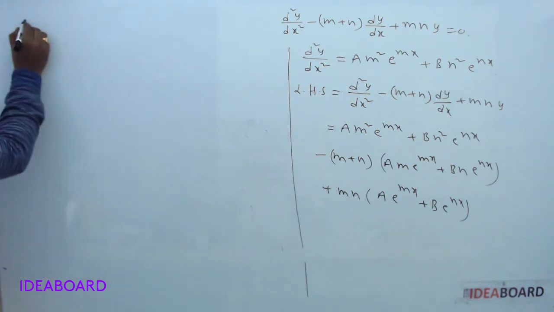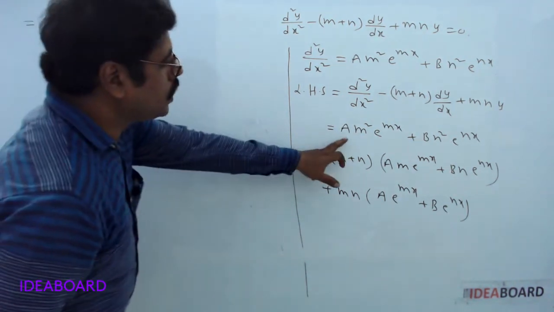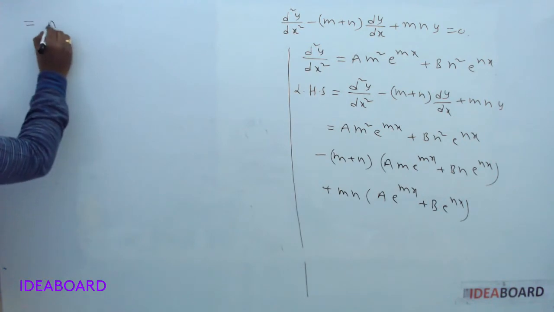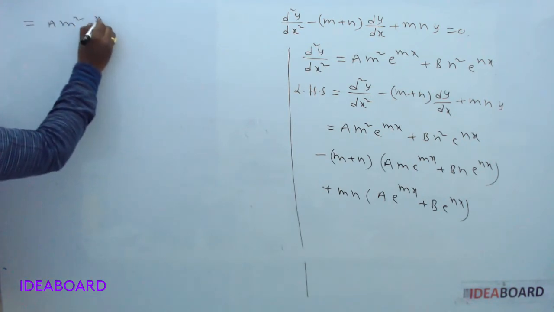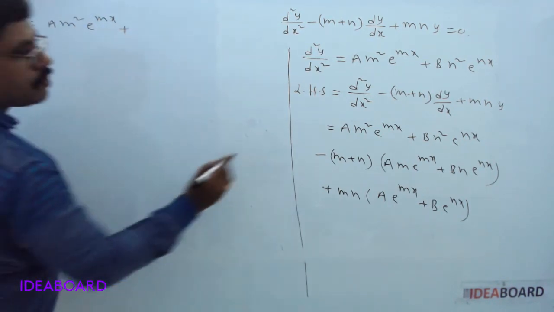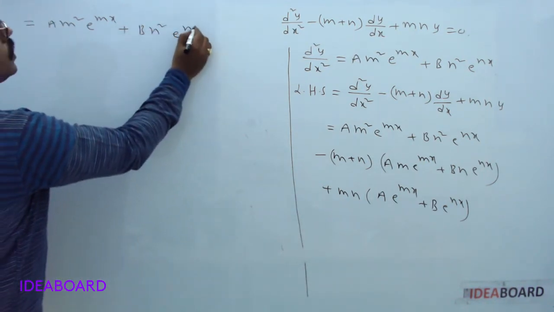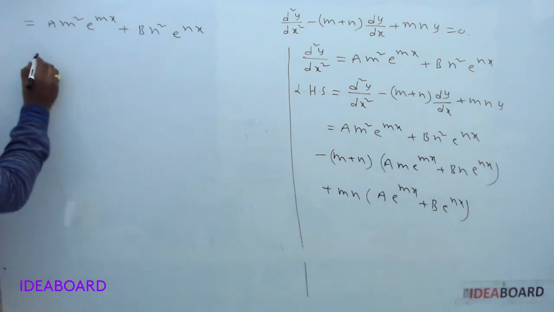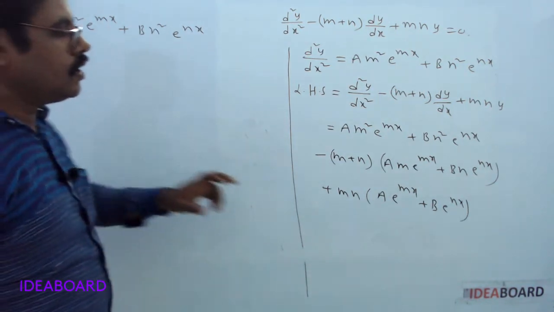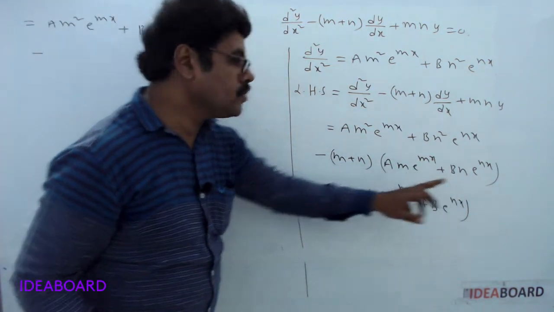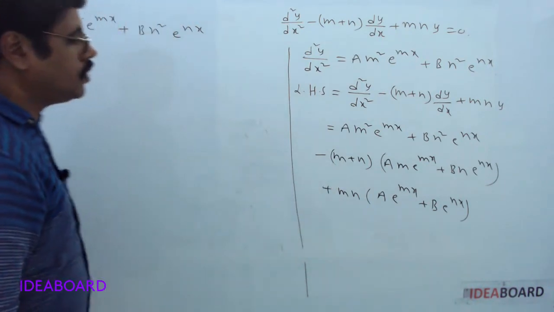Now that equals am² e^(mx) + bn² e^(nx) − ... here multiply these two terms with −m.